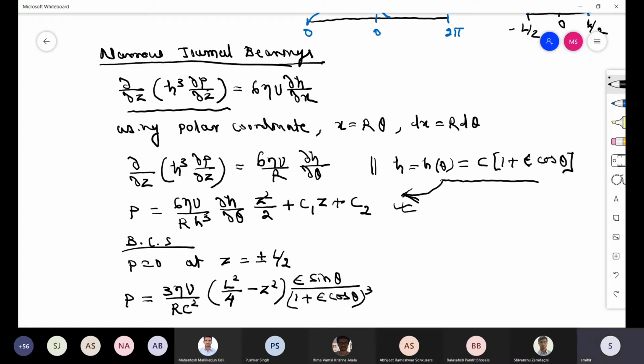So this is the expression for the narrow bearing pressure profile.